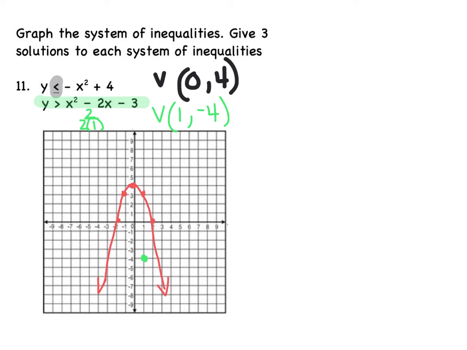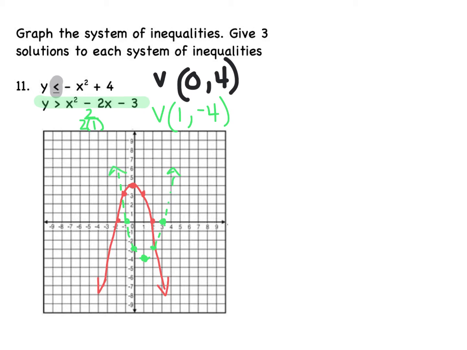I see one at (2, -3). By symmetry, there would be one at (0, -3). I'm going to find one more. There's a value at (3, 0), and (-1, 0). This would be a dotted curve because it is greater than, not greater than or equal to.